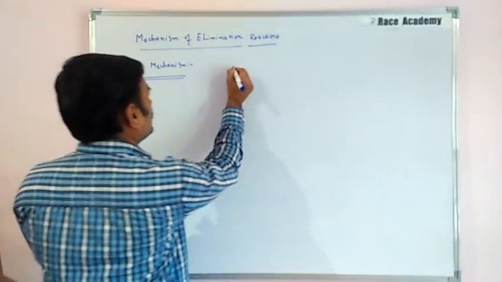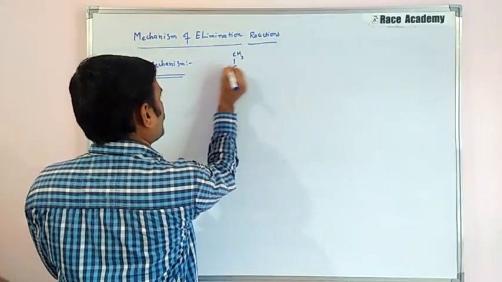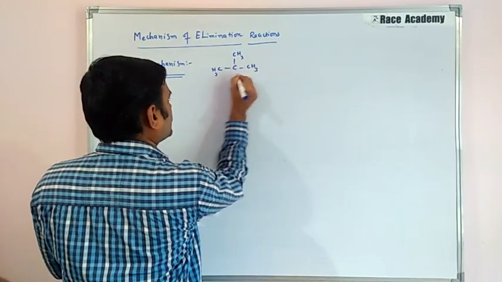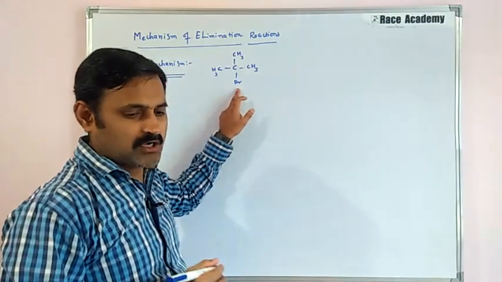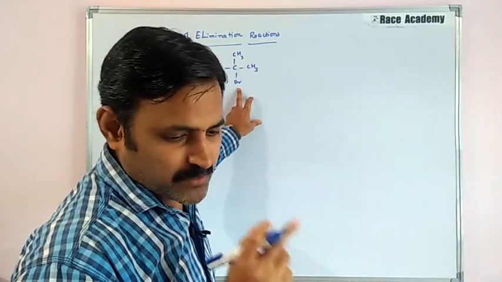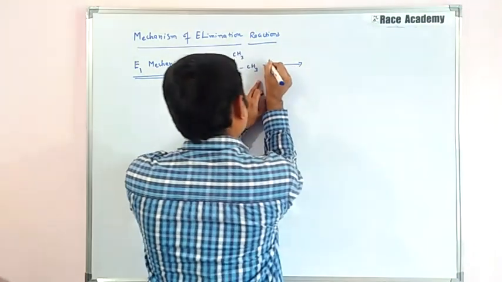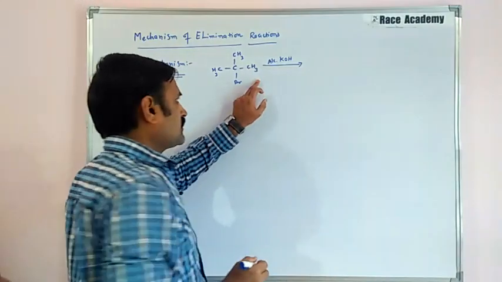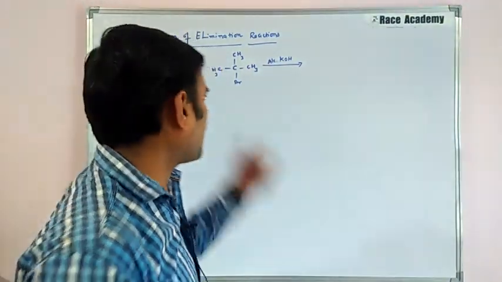So here I am taking tertiary butyl bromide. This is called tertiary butyl bromide. I am treating it with alcoholic KOH. Usually the beta hydrogen will be removed.